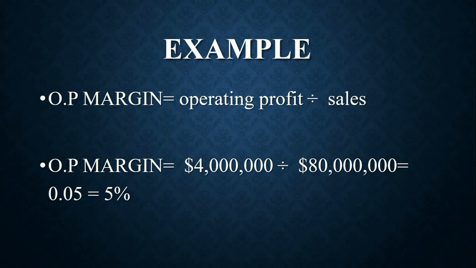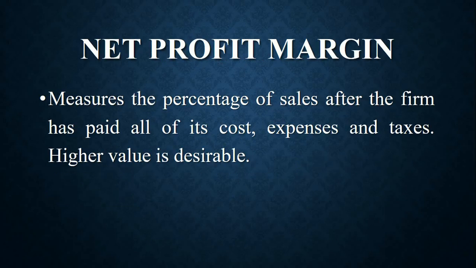Here we have the operating profit of 40 lakhs and the sales will remain the same. After division, we get the figure of 5%. And now from the 5%, we will deduct all of the other expenses. It means the sales is 100% and the operating profit margin is 5%. Also, its higher value is always desirable.